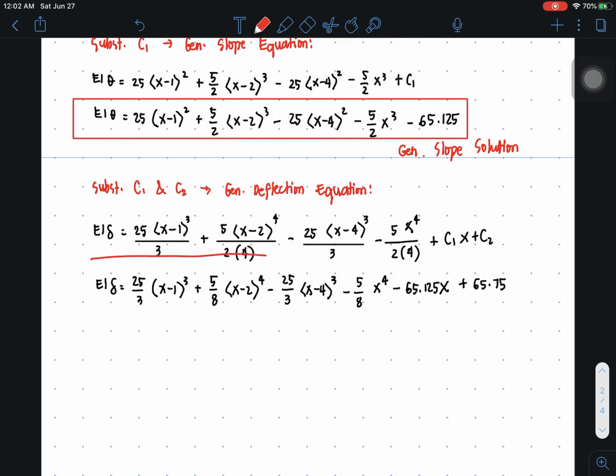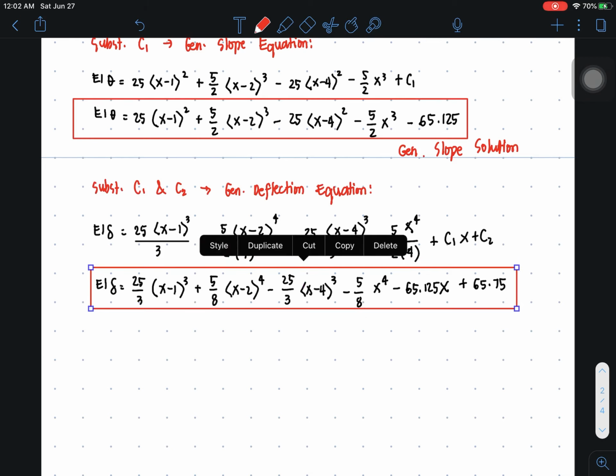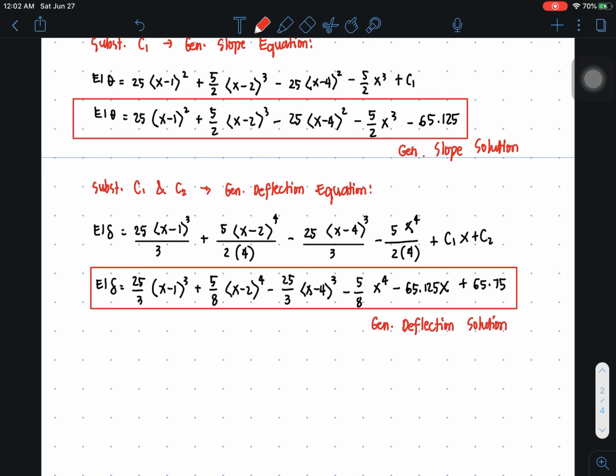And of course, this is our general deflection solution. So bisan pag unsay value sa ato ang x, ma-solve nato ang deflection.